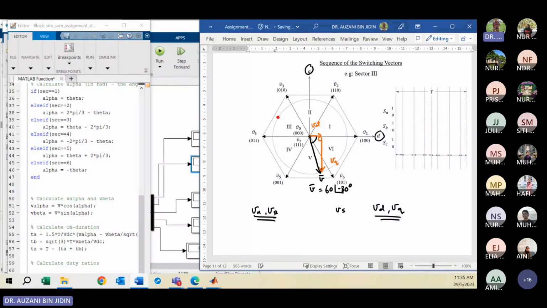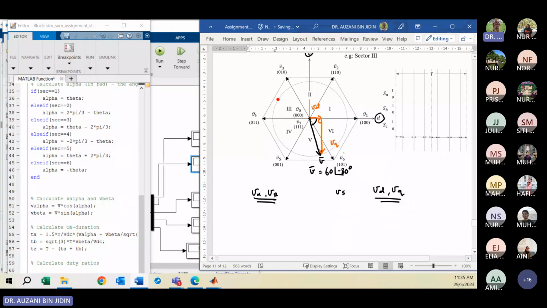From here, we know the angle given is 80 degrees, this angle. So you can calculate VD as 60 cos 80. VD will be positive because your space vector is on the right-hand side of the Q axis.